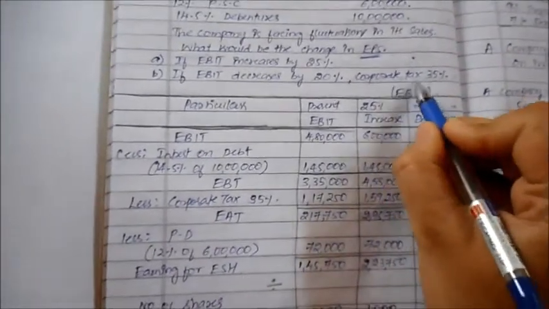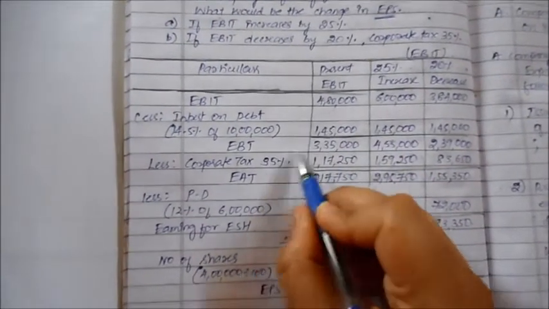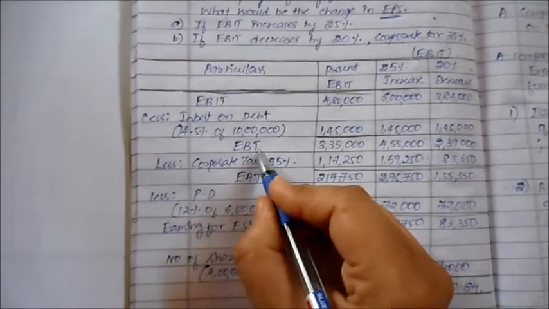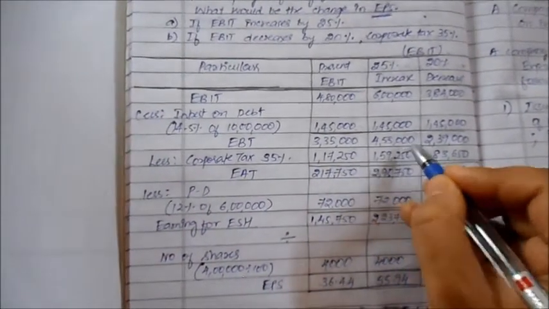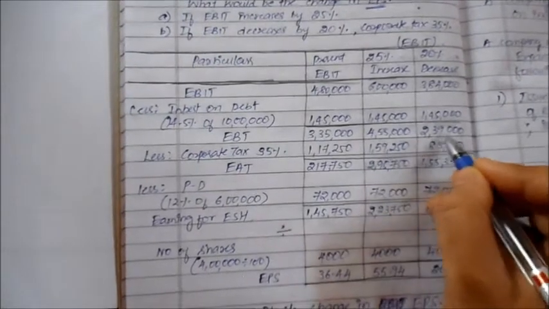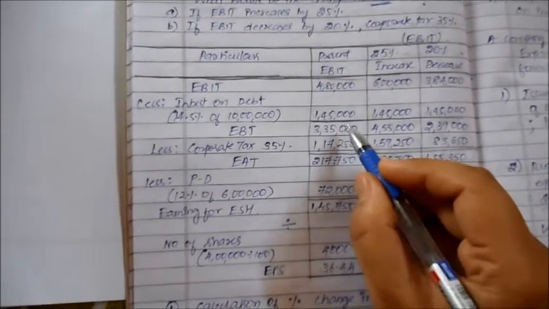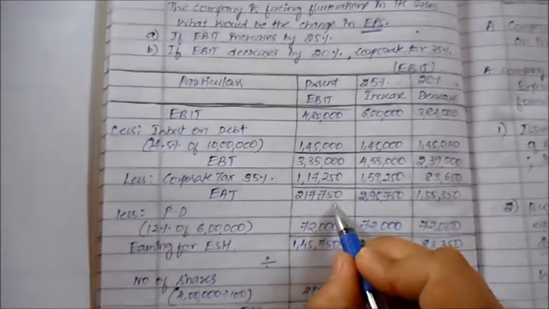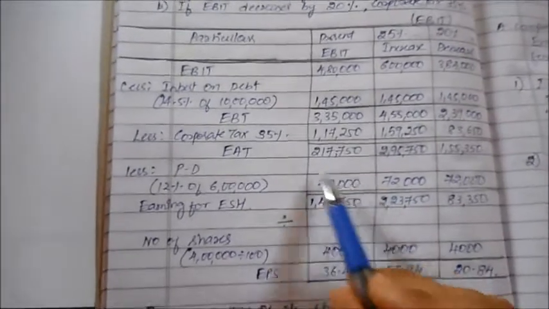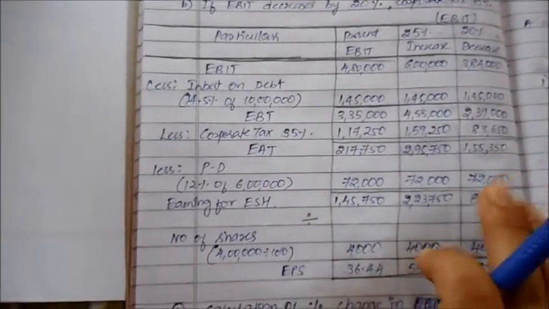The question says corporate tax is 35%, so 35% has to be calculated upon EBT. 3,35,000 into 35%, 4,55,000 into 35%, 2,39,000 into 35% will give you these three figures. When you deduct corporate tax from earning before tax, you arrive at earning after tax, the earnings available after the compulsory contribution, which is tax.